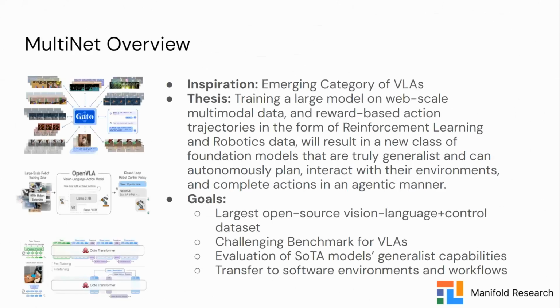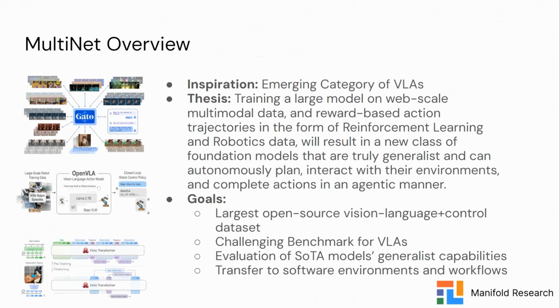So I just want to recap what exactly Multinet is, what the thesis behind it is, and also give an introduction to folks who are being introduced to the project for the first time.